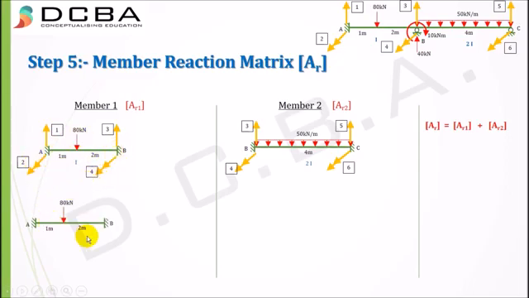First of all, the reactions are two moments and two reactive forces upwards, and the moment is given as Wab square by L square. It is a fixed end moment due to a point load acting at distance a, which is given as Wab square by L square, which is equal to 35.56, and here it is Wba square by L square, which is equal to 17.78.